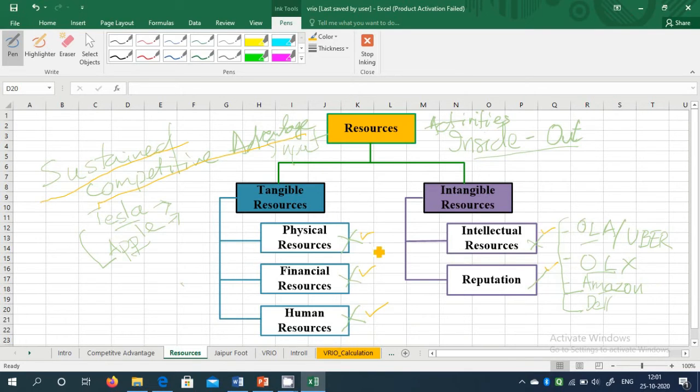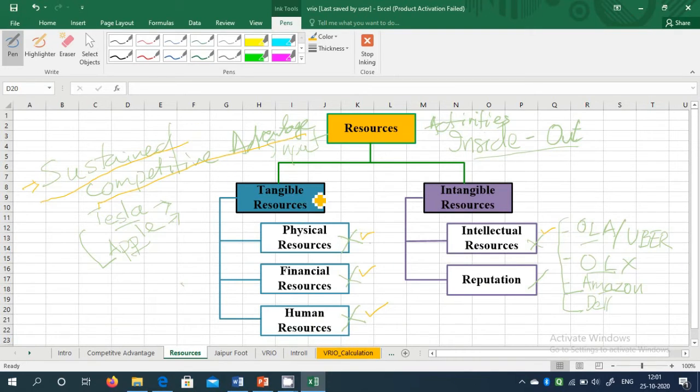So if you are going to sustain in the market, you have to maintain sustained competitive advantage. At that point of time you have to make something very unique, a single resource which is very unique, which cannot be acquired by other competitors. Then only will we say that you are going to achieve this sustained competitive advantage.